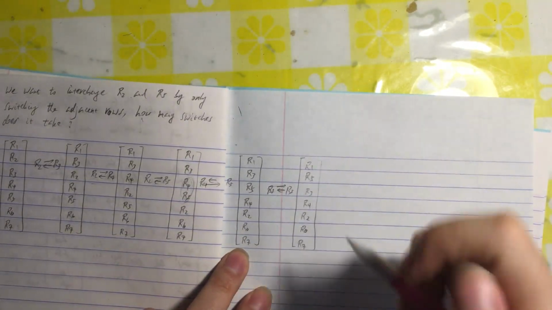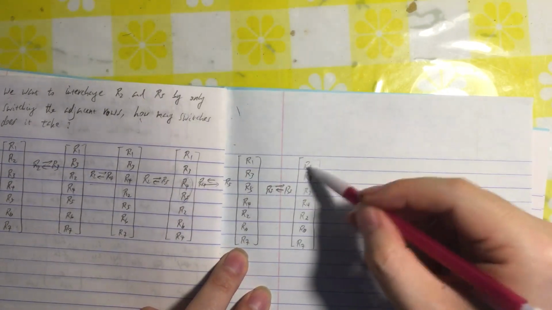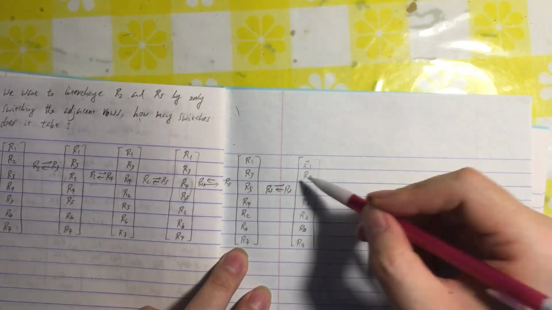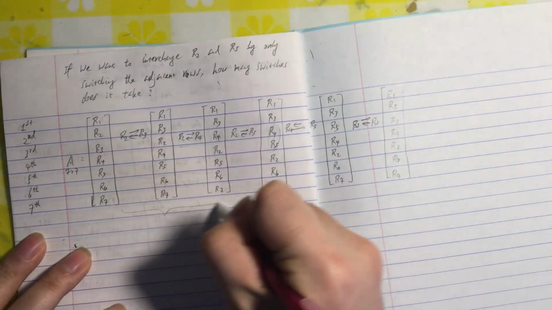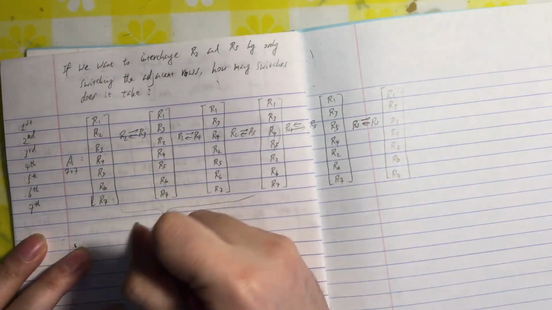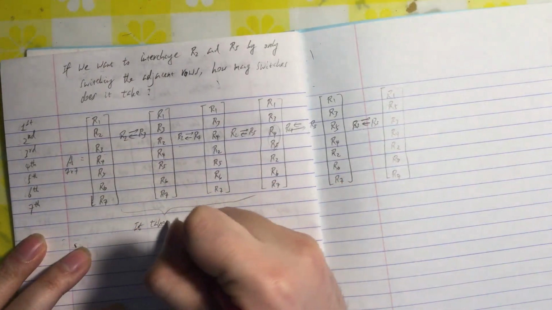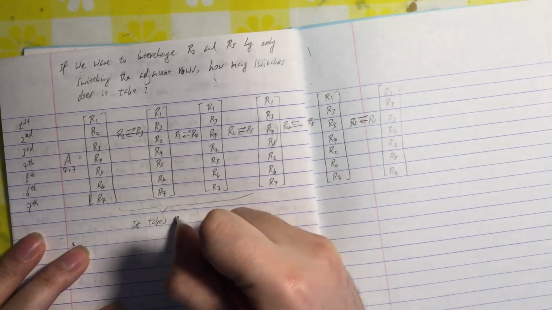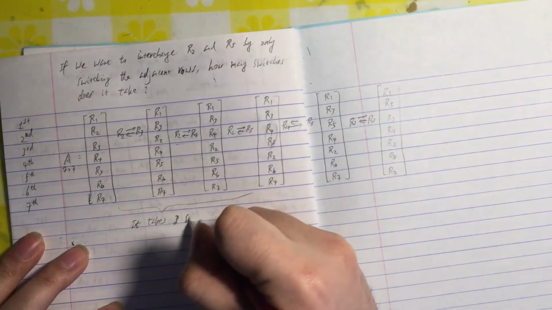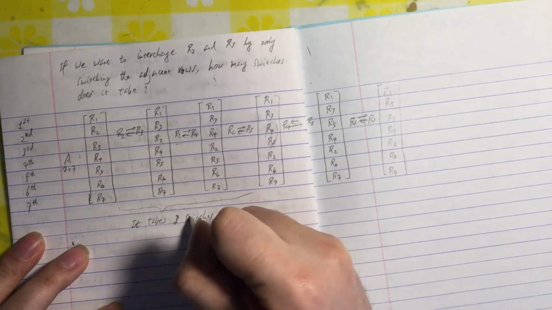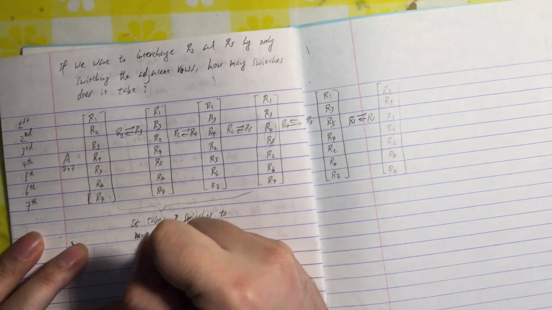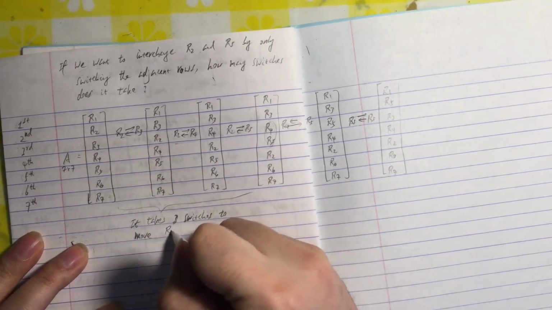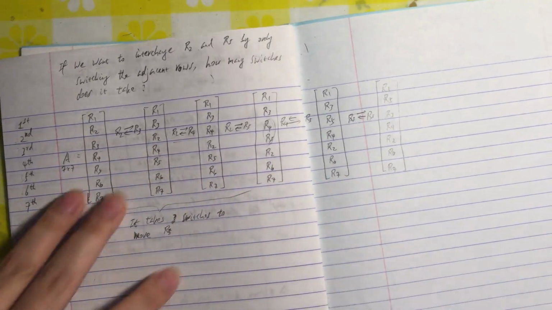I interchange row 2 and row 5 completely and leave the rest the same. So here we can see that it takes 3 switches to move row 2 to the fifth row.